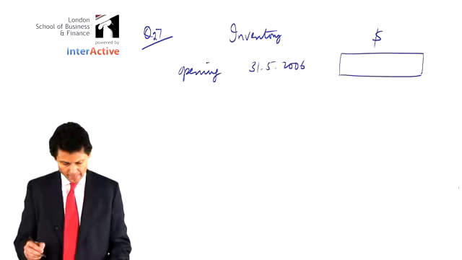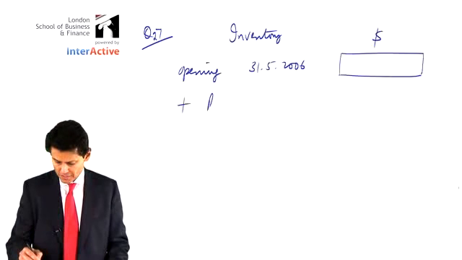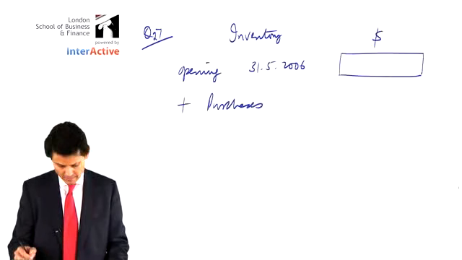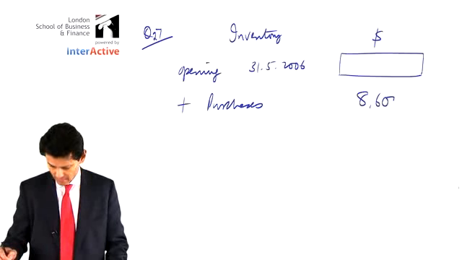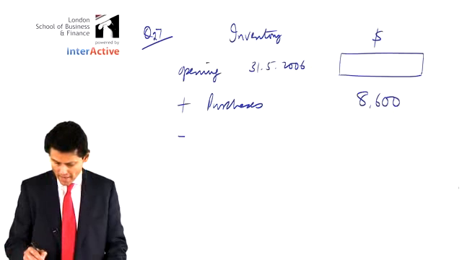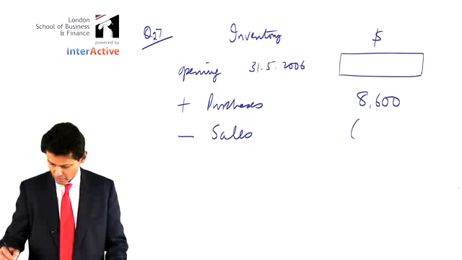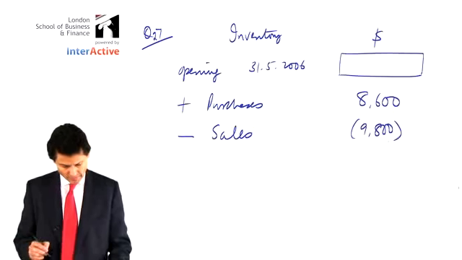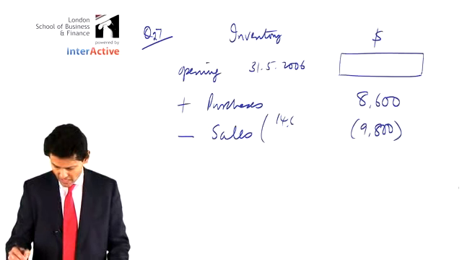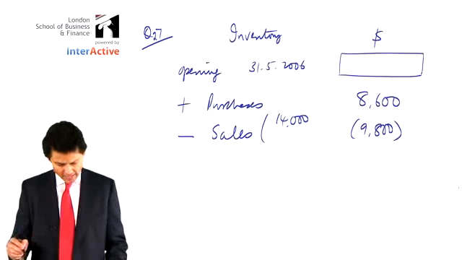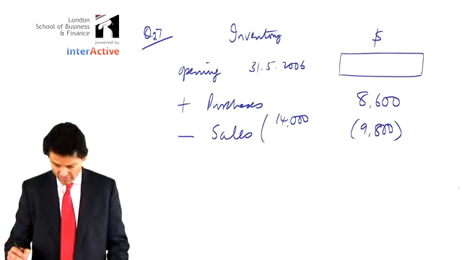Plus purchases, which is given as 86, minus sales that you sold of 98. Now, how do I get the 98? I'm going to bring in the 14,000 and take 70% of that.